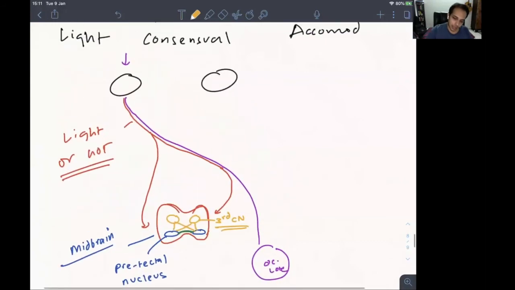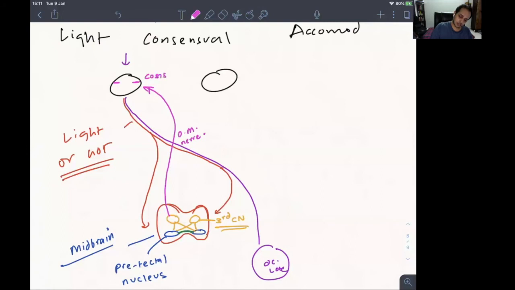Fine. And from your oculomotor nuclei, there is your oculomotor nerve, and this enters your eye and acts on your ciliary muscles and causes constriction. So it causes your pupils to constrict, and this is your light reflex.